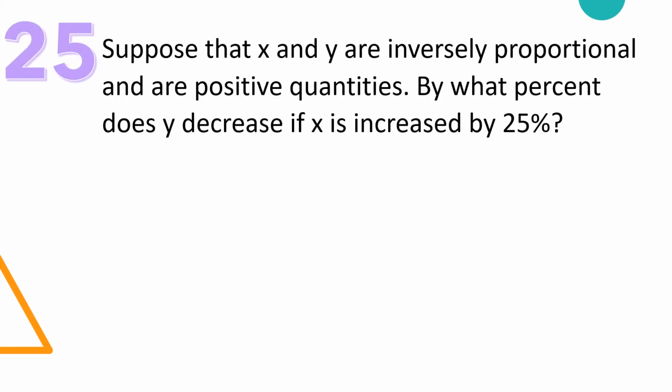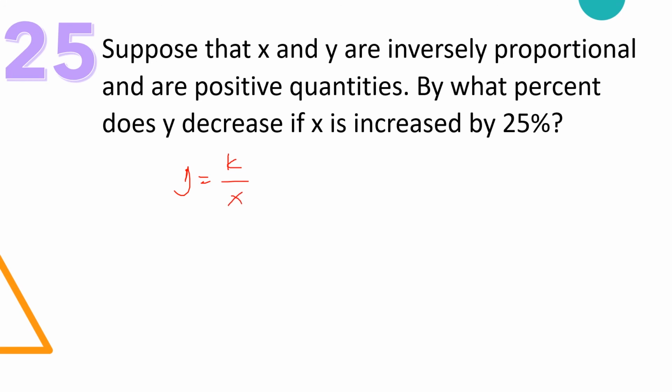Number 25. Suppose that x and y are inversely proportional and are positive quantities. By what percent does y decrease if x is increased by 25%? If x and y are inversely proportional, then we have y is equal to k over x.